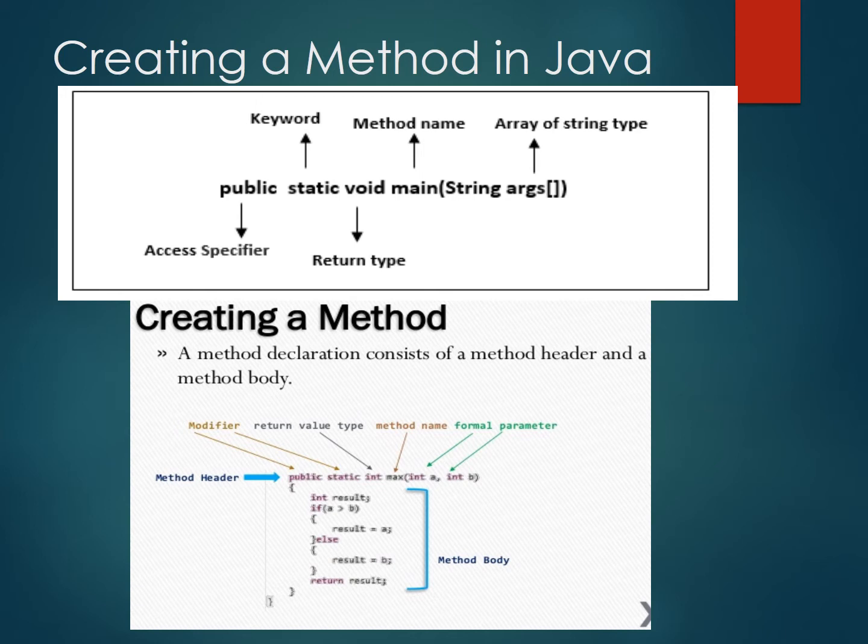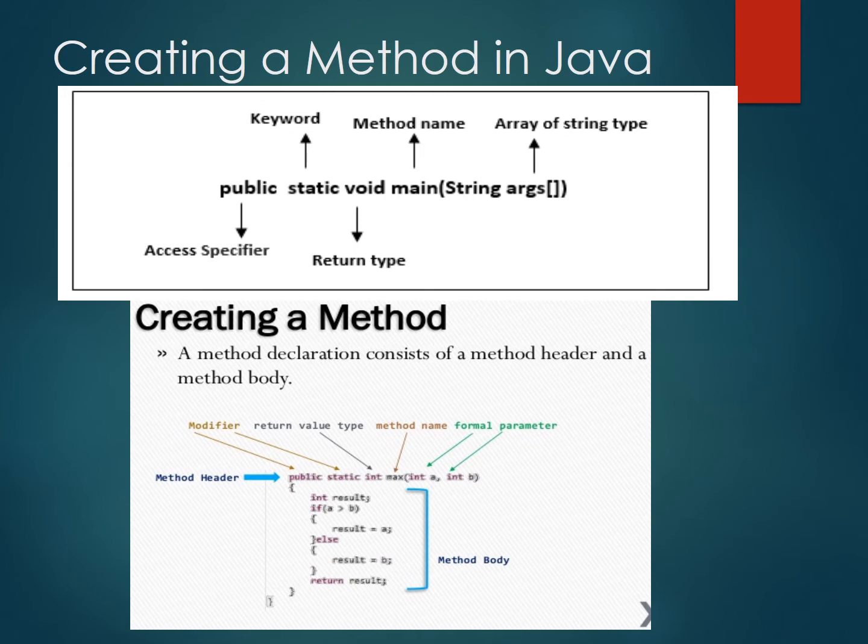Public is the modifier, static is also a modifier. We can use the terms modifier or specifier interchangeably. Int is the return type, which means that max, the method name here, is going to return a value of integer type.